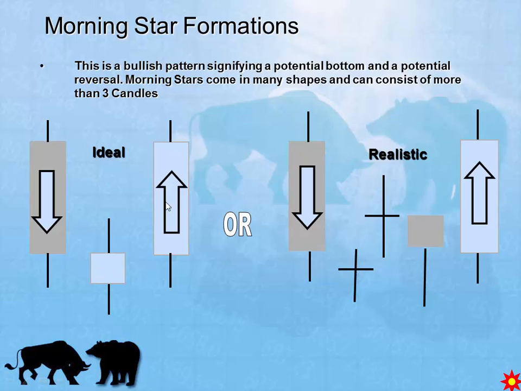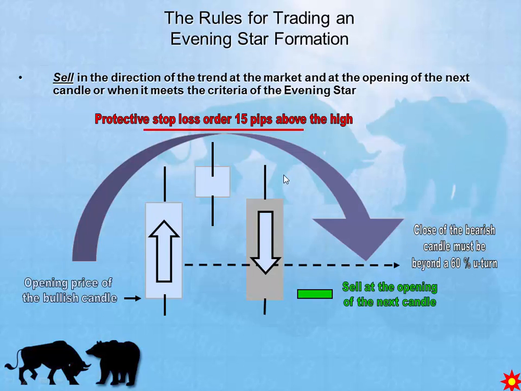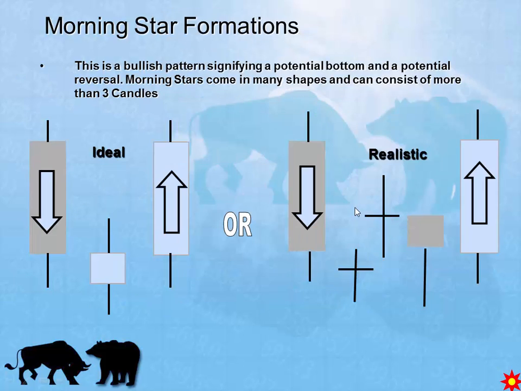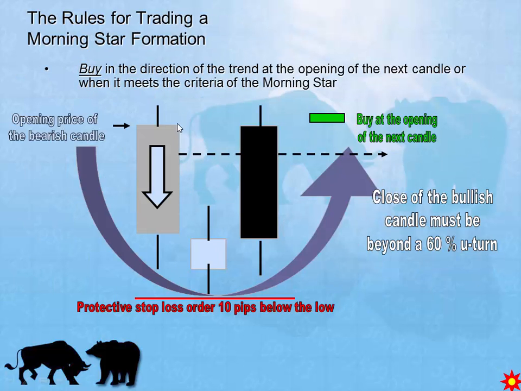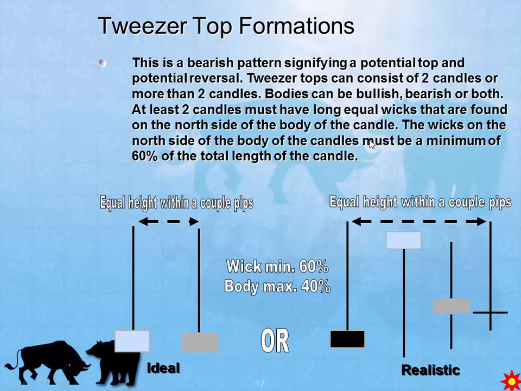The opposite pattern is the morning star: a decision candle down, indecision candles, and then a decision candle up. This is a bullish pattern, the opposite of the evening star. The evening star wants to go down; a morning star wants to go to the upside. We see decision, indecision, decision up, and we buy at the opening of the next candle.